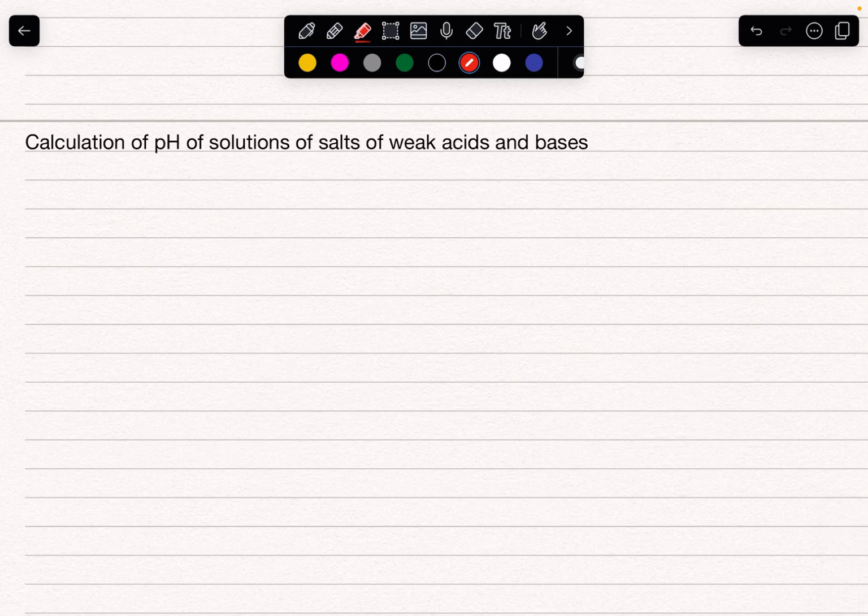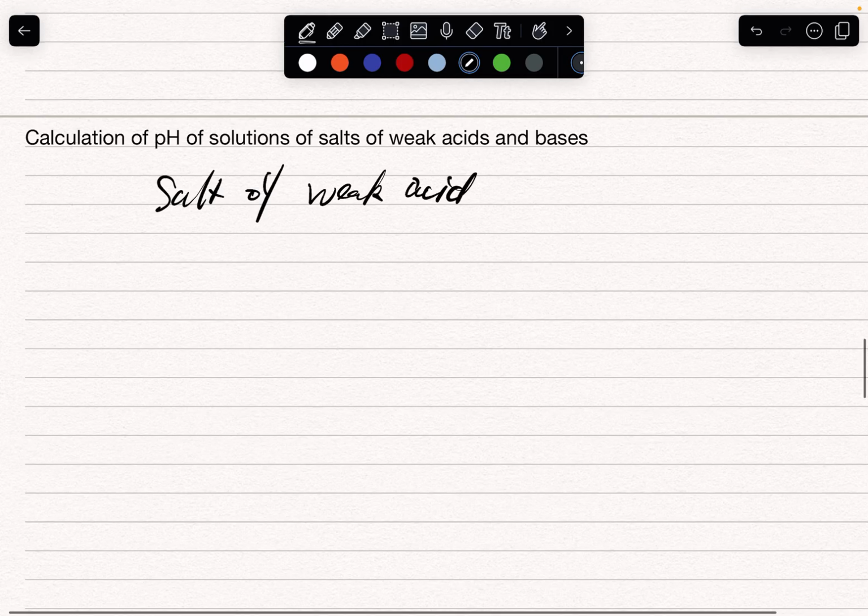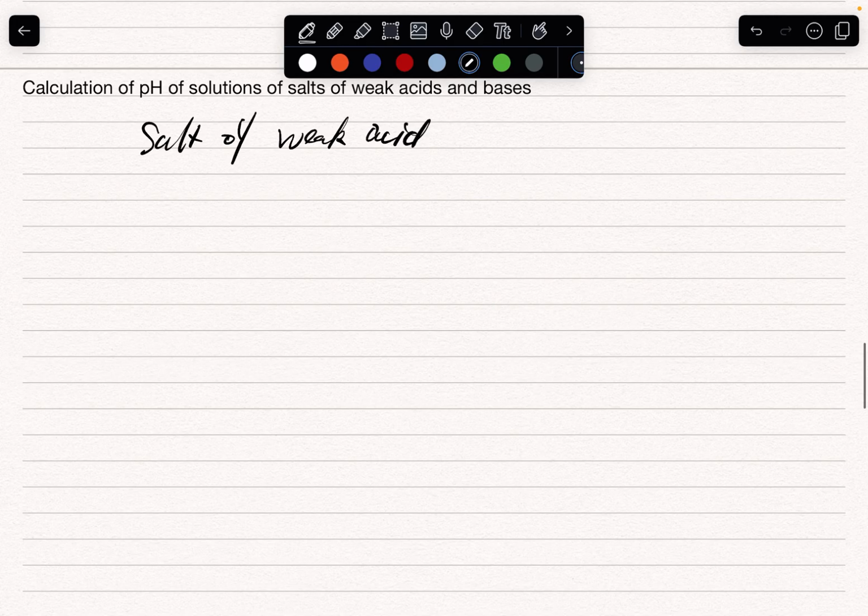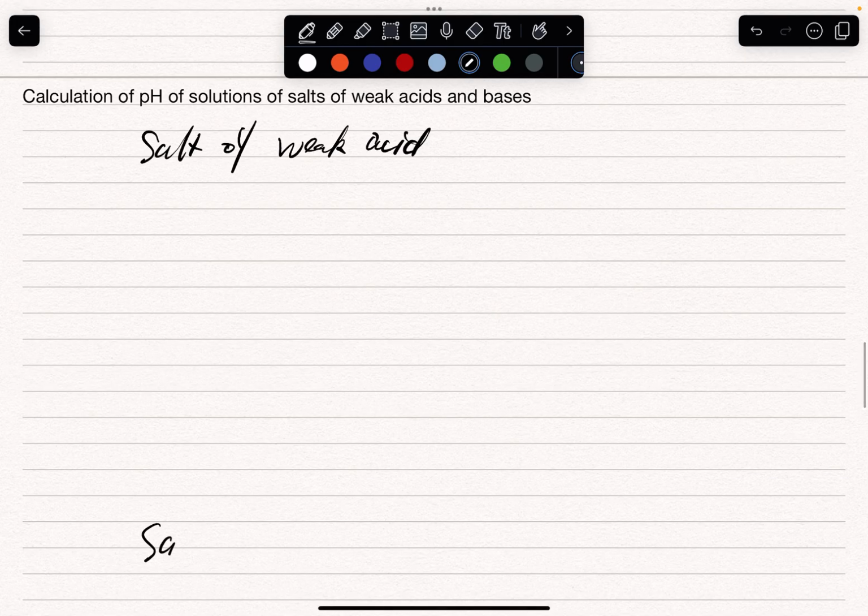Calculation of pH of solutions of salts of weak acids and bases, okay? All right, so we are gonna first calculate the pH of the salt of a weak acid, okay? And then we're going to calculate the pH of the solution of a salt of a weak base, right?